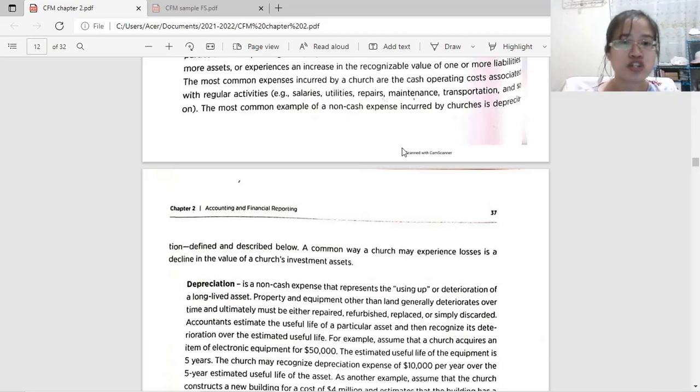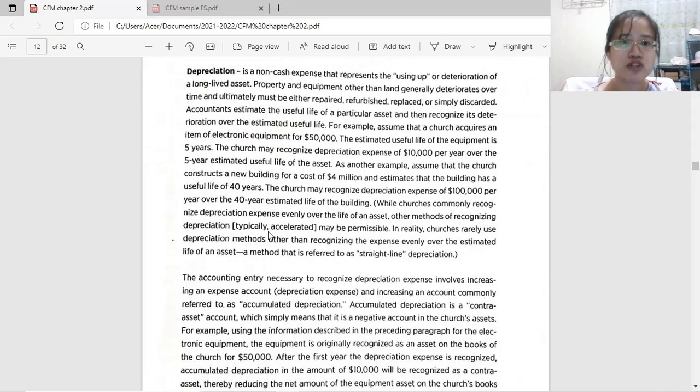This is the depreciation. Depreciation is a non-cash expense that represents the using up or deterioration of a long-lived asset. So it applies to property and equipment, or fixed asset, or non-current assets.